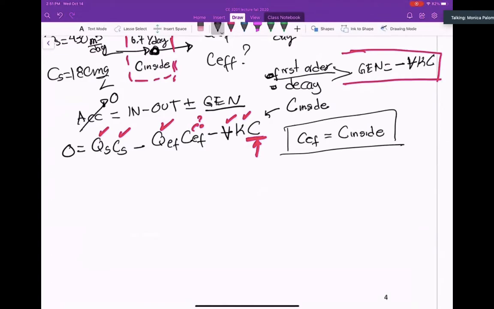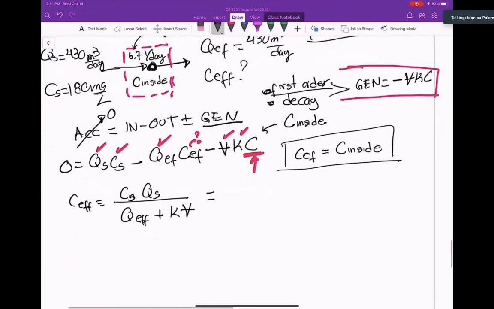So if we solve this, and probably this equation is going to be familiar to you, C effluent is equal to CS QS divided by Q effluent plus KV. And we know everything.